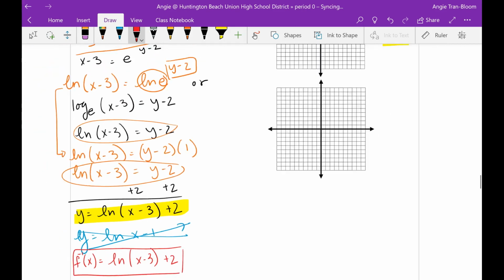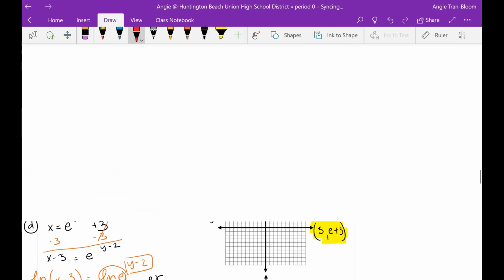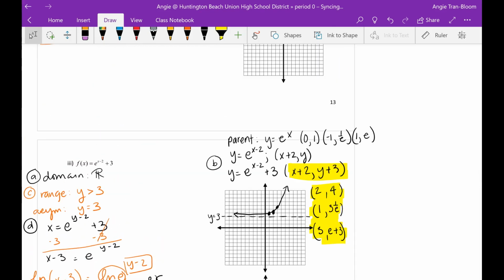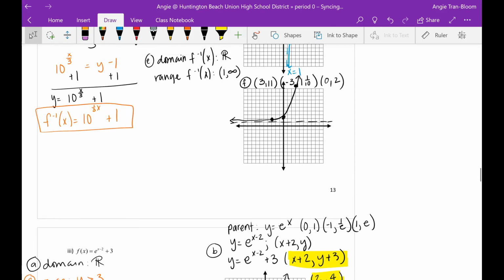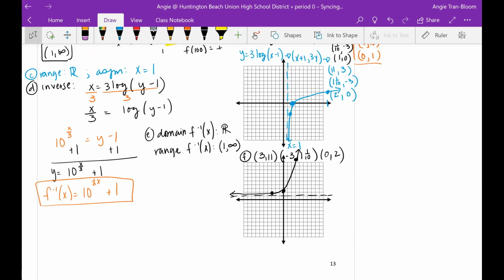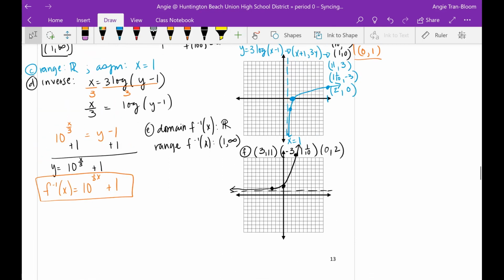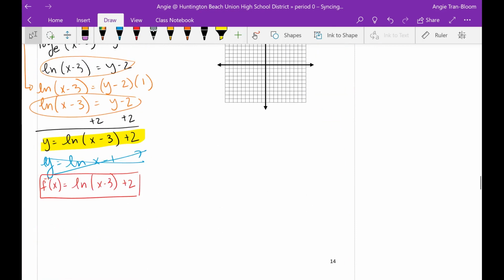All right, so that was your part D. What was part E? D was find the inverse, E was domain and range of the inverse, and F was graphing. Okay, not too bad. So next, that was E, domain of f inverse and range of f inverse.